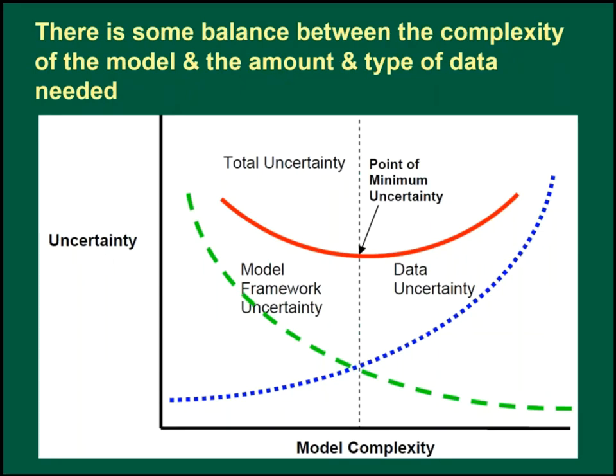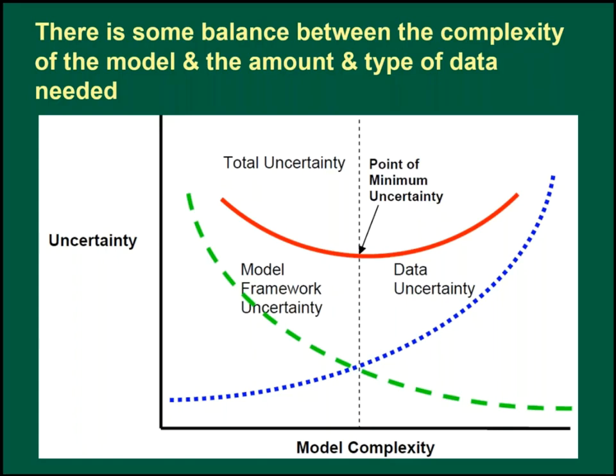As I mentioned, there's a lot of balance between the complexity of the model and the amount and type of data needed. So this is a graph from the EPA, and it shows uncertainty on the vertical axis and model complexity on the horizontal axis. So the green line is model framework uncertainty. If you have, in theory, a more complex model, it's going to represent what's happening better.